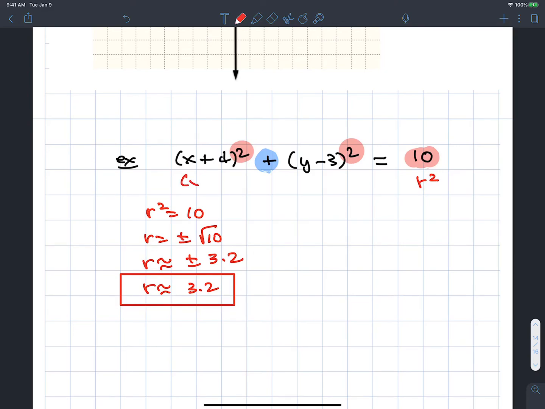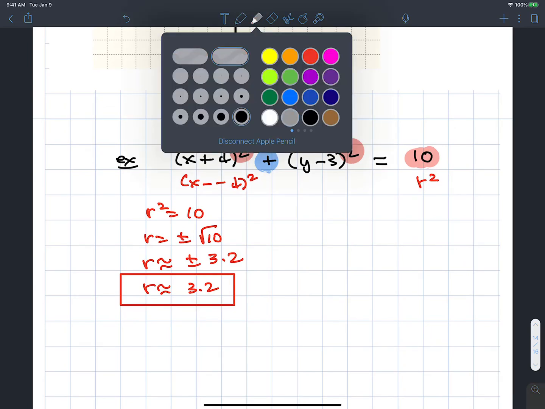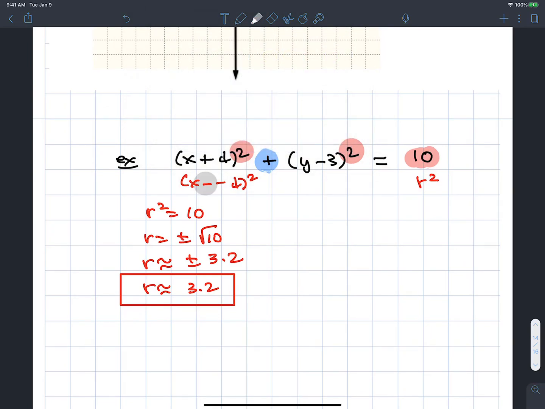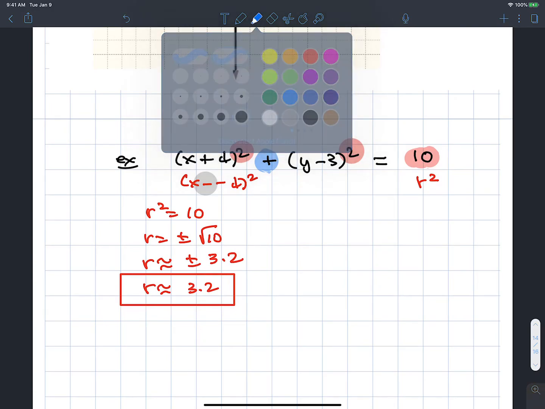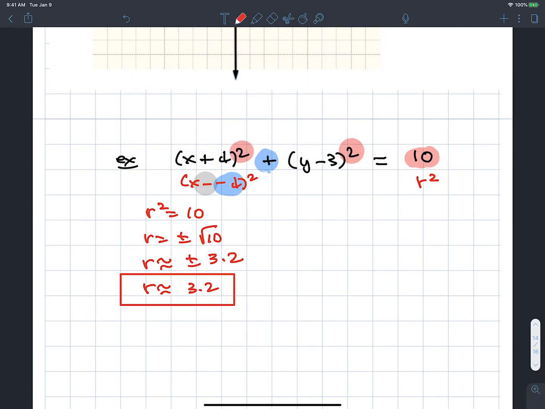Let's see what the center is. We got plus, so I have to change this. See, here we go. We got plus minus the minus. That means my h coordinate is -4. Here's h. After the minus sign again for y, this is my k value.